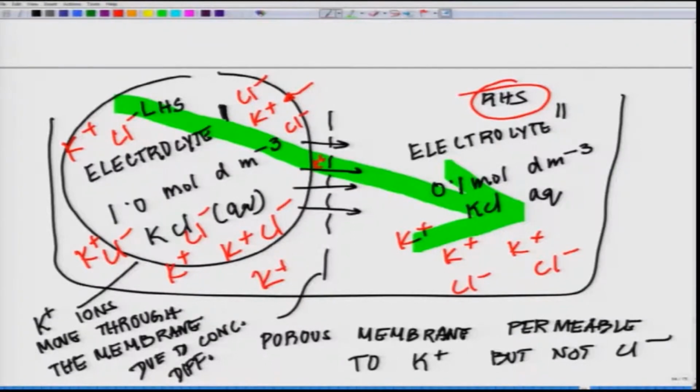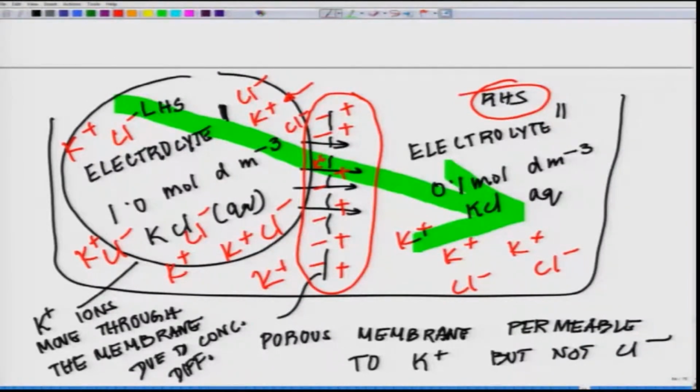But if that happens, what will be the situation? There will be a positive charge buildup out here, and of course, there will be a certain degree of reduction of charges. There will be a peculiar charge buildup, since the membrane is permeable to potassium but not to chloride.